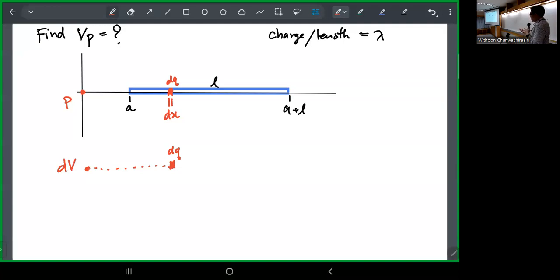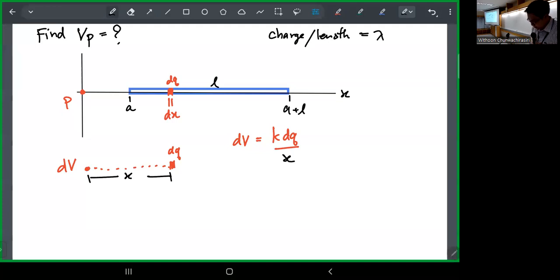Okay, and you will be able to write right away that the mini potential there will be k times that mini q divided by the distance, because you already laid everything on an x-axis, the distance that you have right here is automatically x. So you put x there. So that's where you get your potential from dq at the location x.